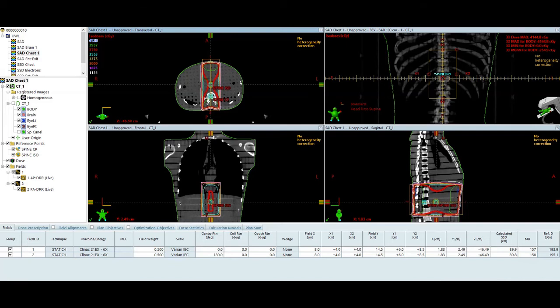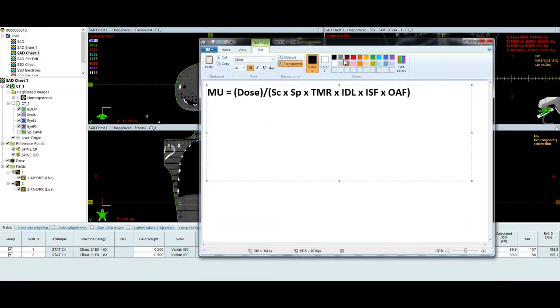I want to calculate my monitor units by hand. First thing I need to do is find out the equivalent square. That is going to be 4 times the area divided by the perimeter: length times width times 2, divided by length plus width.